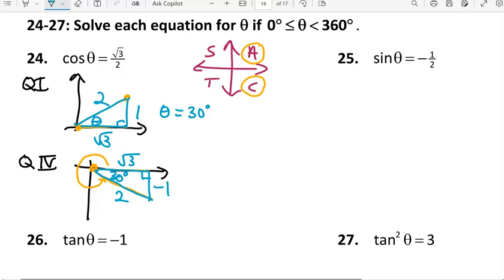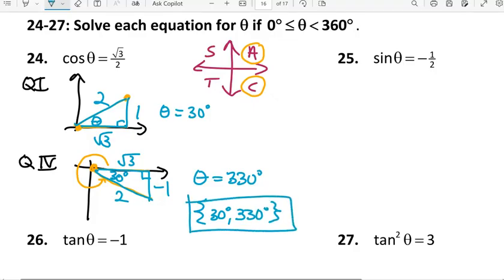Difference being here that the opposite side will be -1, but the cosine is still positive square root of 3 over 2. In this case, theta is 330 degrees, or 360 minus 30. So our final solution set here is the set that includes 30 degrees and 330 degrees.